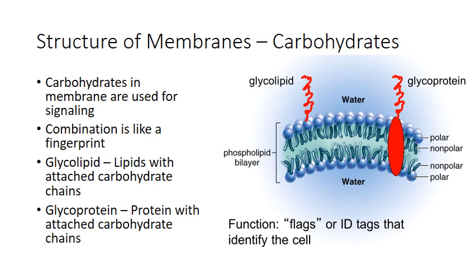So do the glycolipid and the glycoprotein have the same function? At this level, yeah, you could say they have the same function, but if you dug more into it, they differ. What do you mean by combination? So when your immune system bumps into a cell, it would check a number of different glycolipids and glycoproteins to make sure they all match.